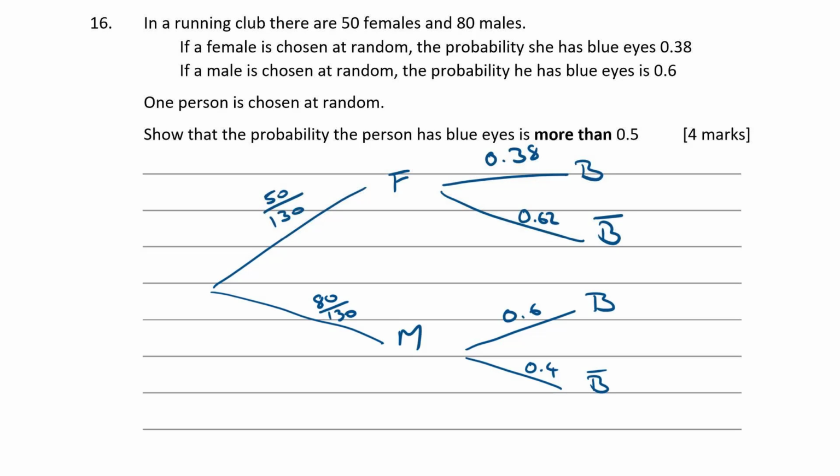So the probability that the person has blue eyes is either that they are female and blue-eyed, or they are male and blue-eyed.